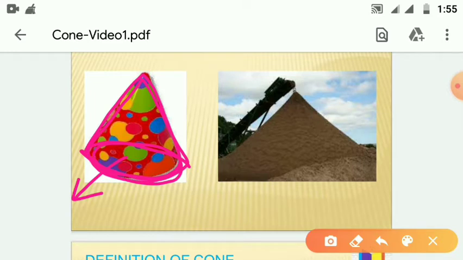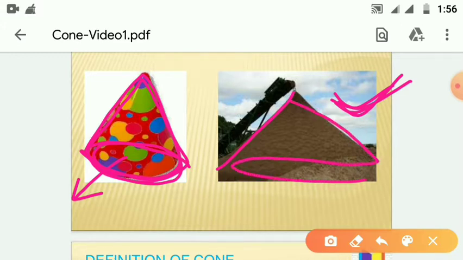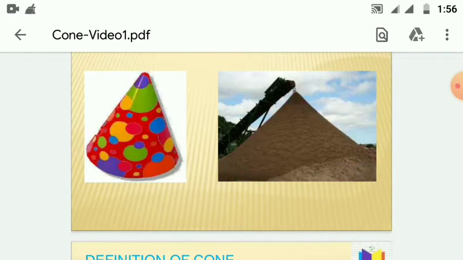And also in this picture, if you want to stock some sand, if you unload the stock with a proclaim or with a truck, then what is the shape it may take? Obviously the sand will take the shape of a cone. The reason for this is that it is the more stable shape that a material can take.